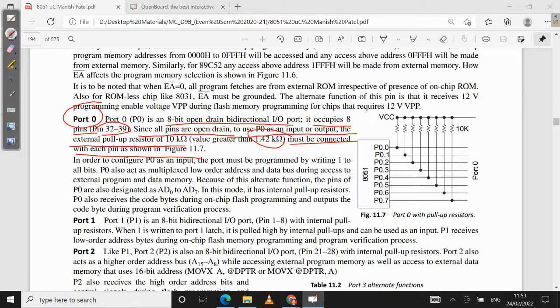So the main reason behind applying the pull-up registers is that your pins are open drain. Can anyone of you tell me, what do you mean by open drain? The drain terminal will remain open. And what else does it mean? Okay, you just see what you mean by open drain.